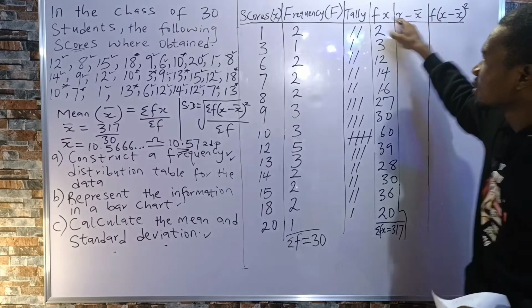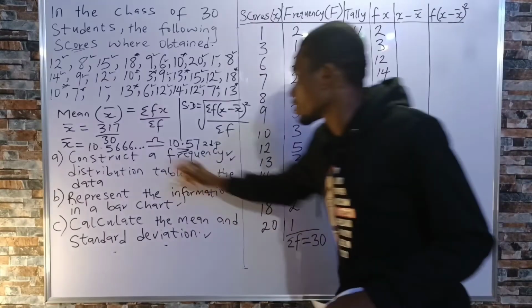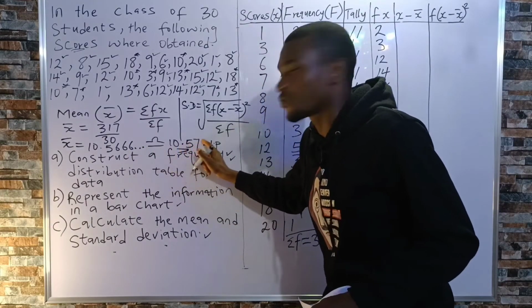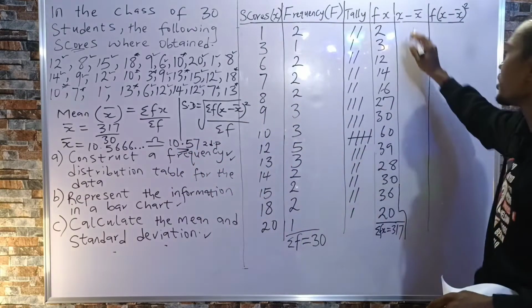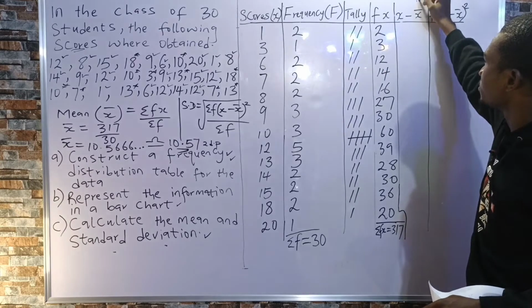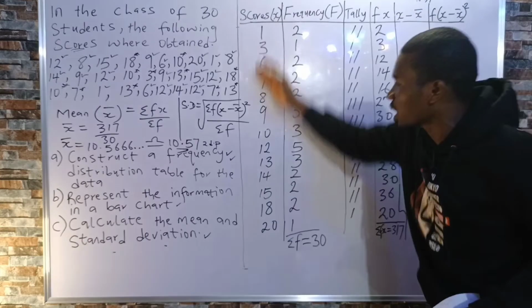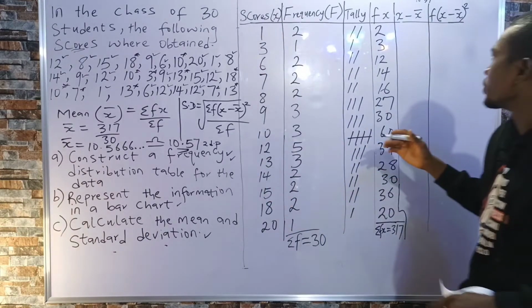And x are the scores we have here, while the mean is this very mean which we found to be 10.57. So coming here now, I will be subtracting our mean, which is 10.57, from this x, which are our scores.